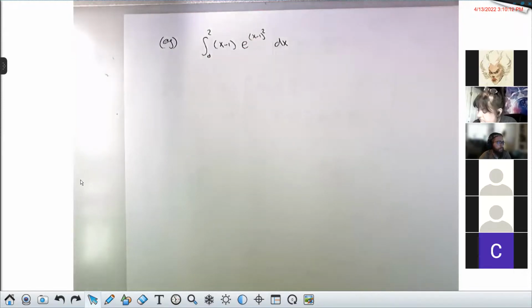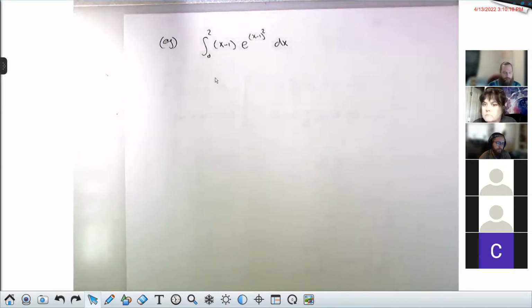This is a problem that I think a lot of people, especially when they first meet it, might do in 2 substitutions, and that's not uncommon. Certainly I see an x minus 1 and an x minus 1. I have an outer function here that is like u e to the u squared, where u is the inner x minus 1. So there's 2 paths.